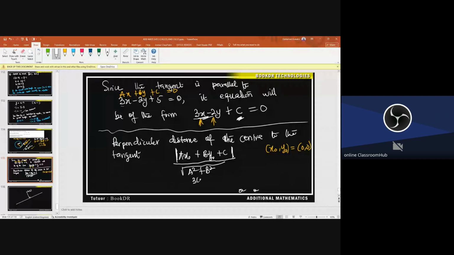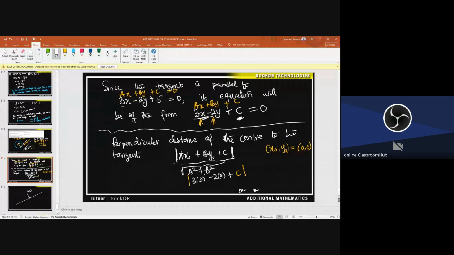So 3 multiplying 0 plus b, which is also -2, -2 also multiplying 0, plus our c. Sorry, I should have written here, we are using the tangent, not this line. So ax plus by plus c. Okay. And the c we don't know yet. That's what we are yet to find.